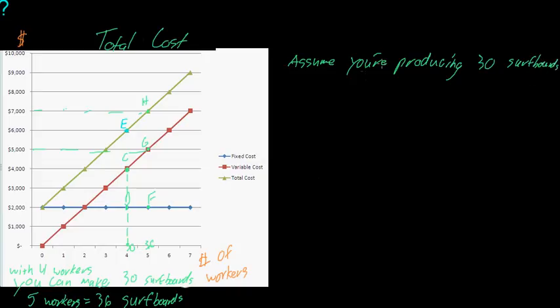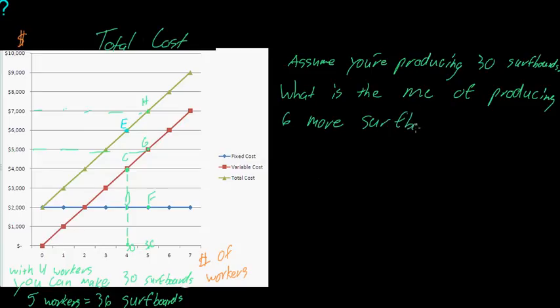What is the marginal cost, the MC, of producing 6 more surfboards? And believe it or not, you have all the information you need just from this total cost graph. So let's go ahead and work through it.